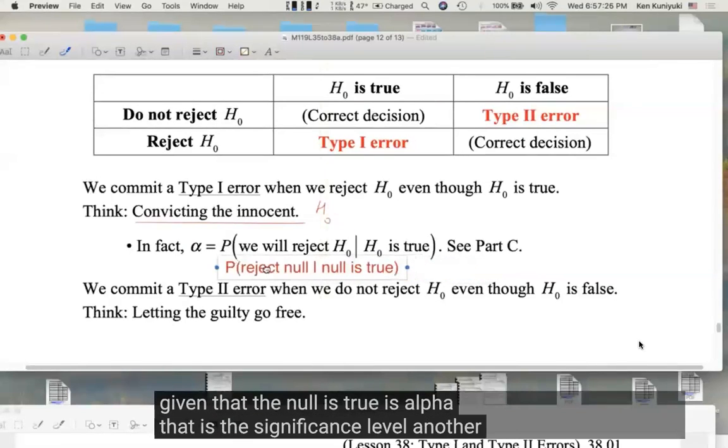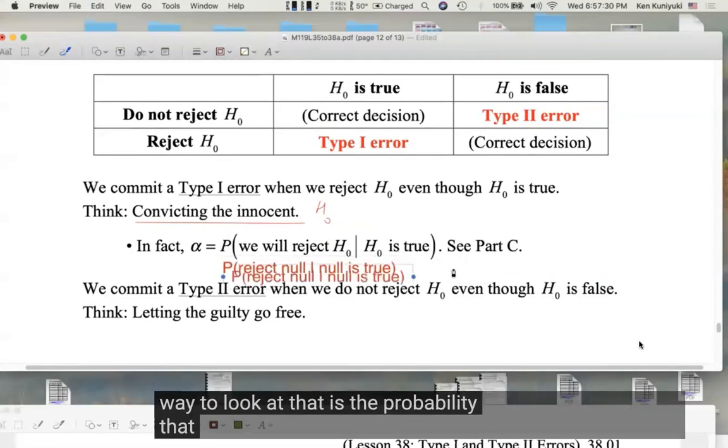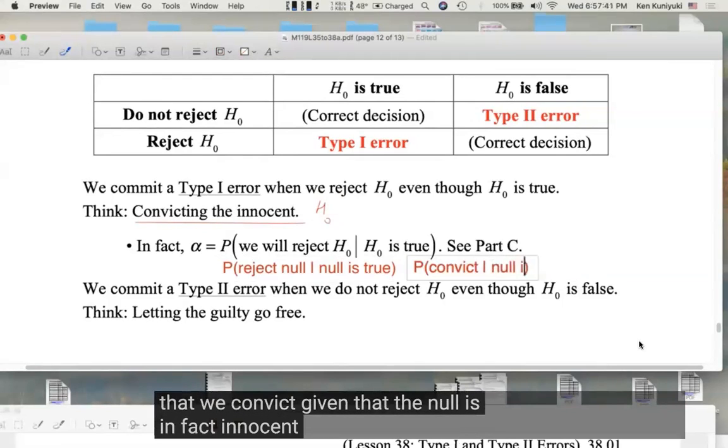That is the significance level. Another way to look at that is the probability that we convict, given that the null is in fact innocent.